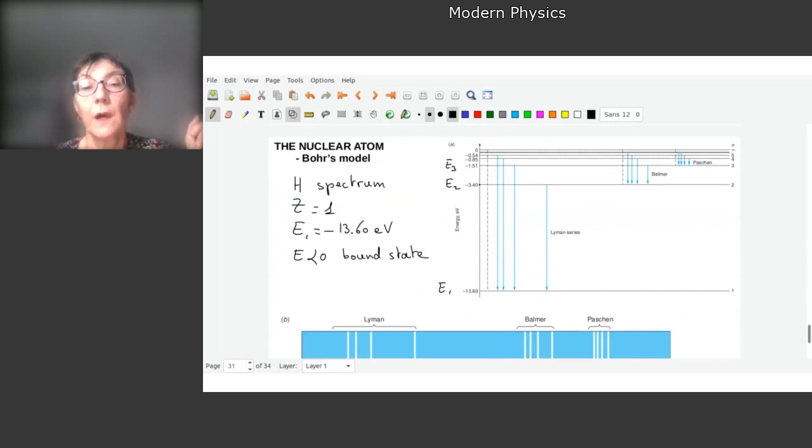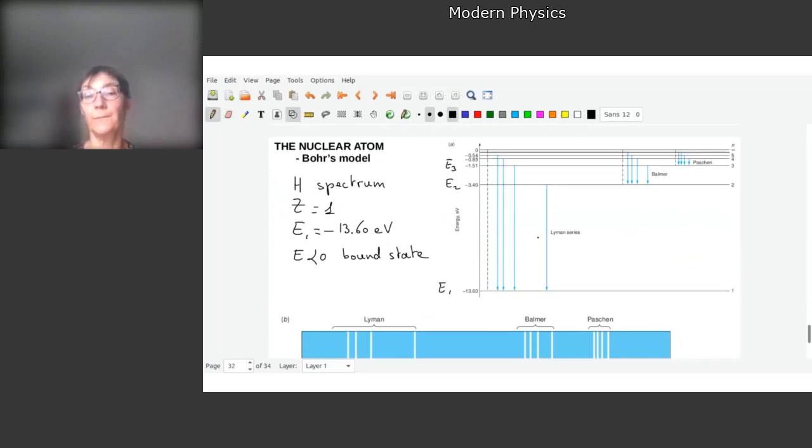The second one will be 1/4 of this, since it is 1 over n squared. This one will be 1 over 9, this one 1 over 16, and so on.